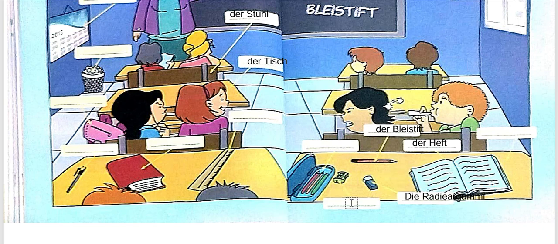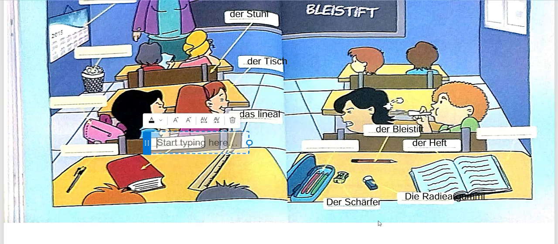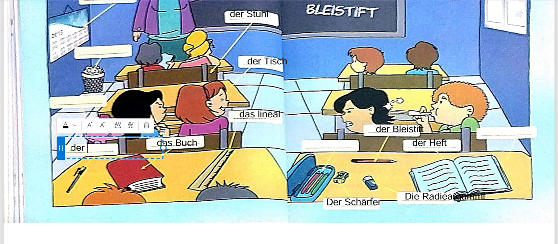Anyways, okay. Next we have a sharpener. Sharpener is called Spitzer, with umlaut there. This is lineal scale, so das Lineal. This is book, so das Buch. This is a pen, so der Kuli.